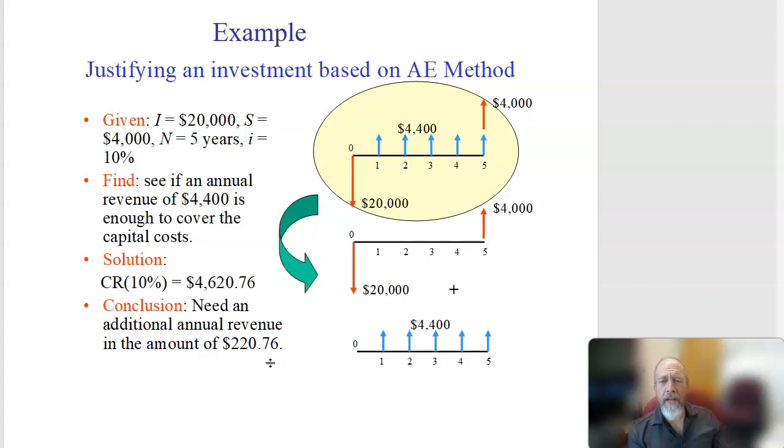So that's as far as I'm going to go with this one lecture, because I'm going to drive home this point. We're taking that concept of the present worth, and you can actually take the 20,000 and the 4,000, move them down to a present worth, and then calculate back across. That's actually what you did there. But in this situation, where you've actually calculated this CR at 10%, you see that it's not a good investment.